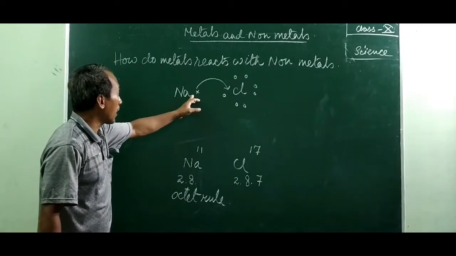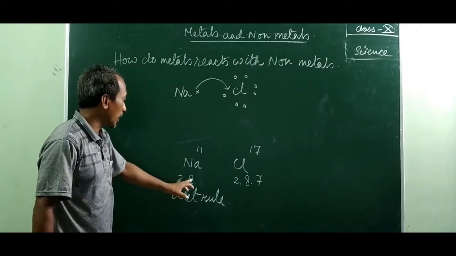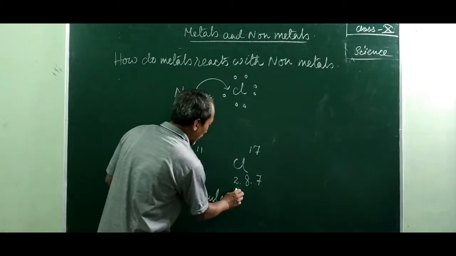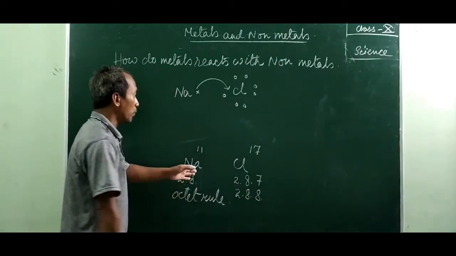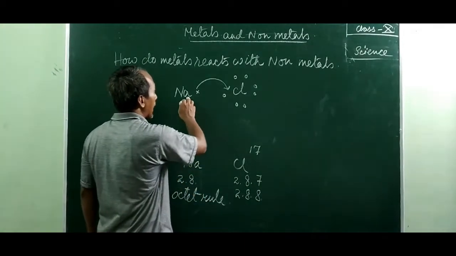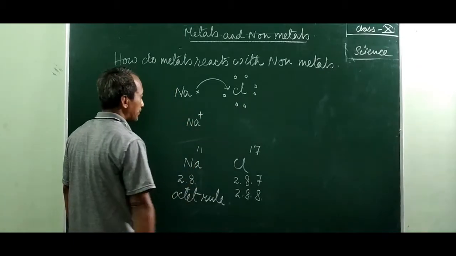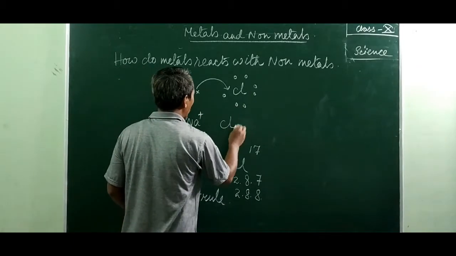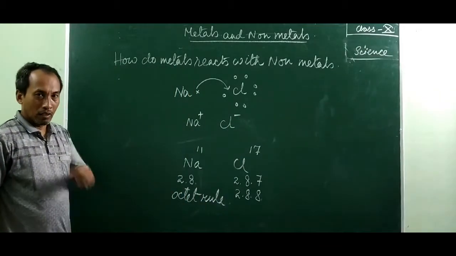So now sodium, after donating 1 electron to chlorine, has 2, 8 electrons, and chlorine will at last have 2, 8, 8 electrons. So both of them are fulfilling the octet rule. Sodium, by giving 1 electron, becomes sodium plus ion. Chlorine, accepting 1 electron, becomes chlorine minus ion.